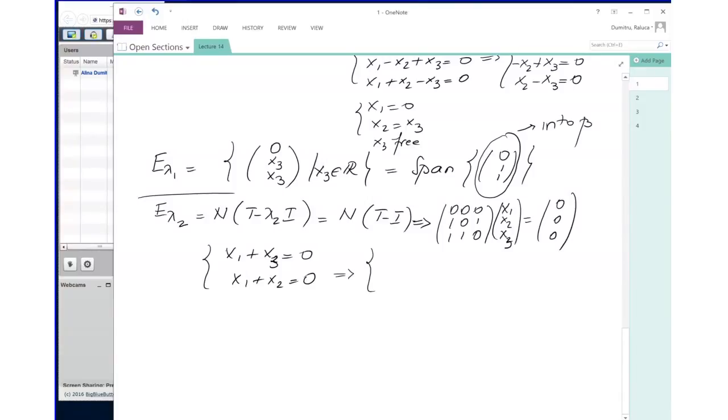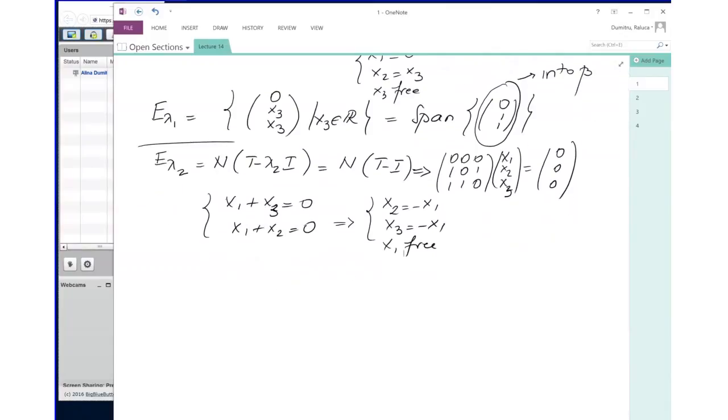So basically, x2 is negative x1, x3 is negative x1, and x1 is free.